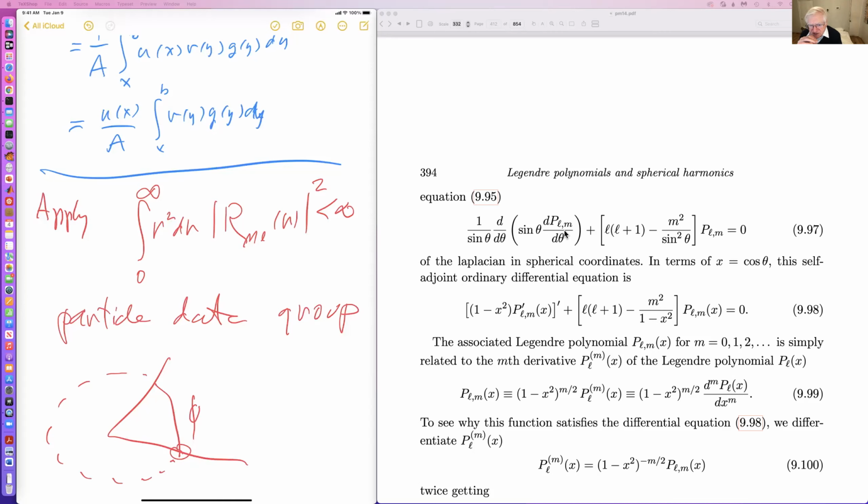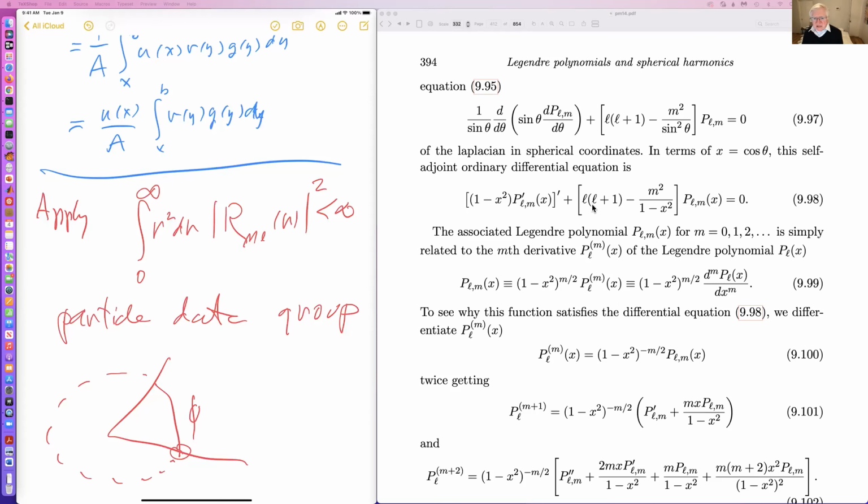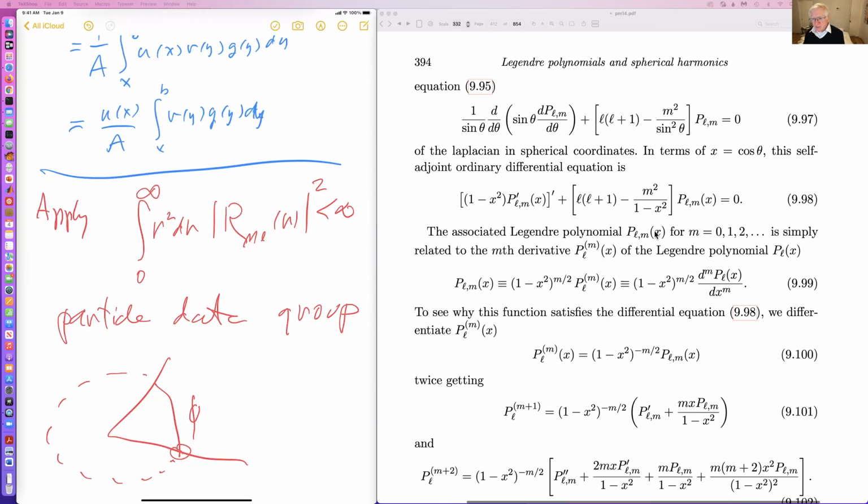If we set x equal to cosine theta, then this becomes a self-adjoint ordinary differential equation. And this is the Legendre differential operator. The L(L+1) times P is the Legendre part, and then the associated polynomials involve this m squared over 1 minus x squared. And it turns out that this associated Legendre polynomial is simply related to the mth derivative of the Legendre polynomial.